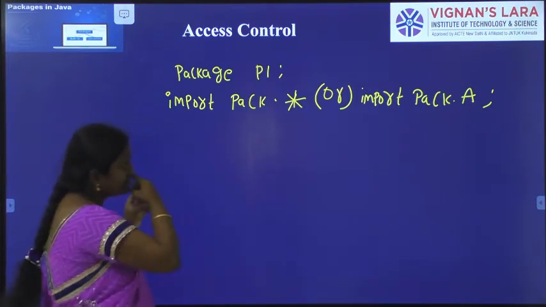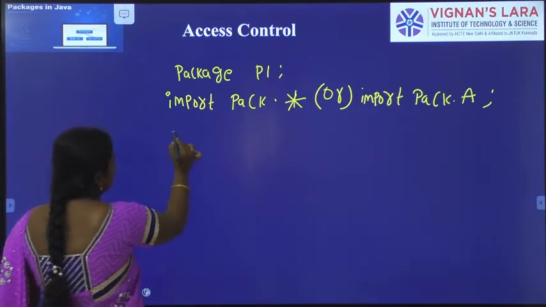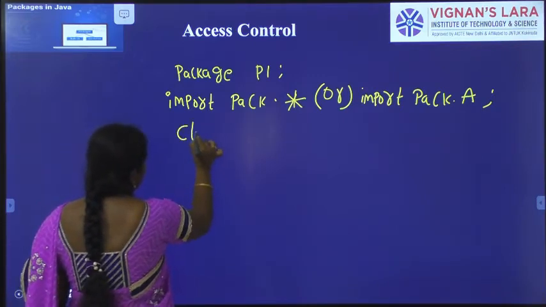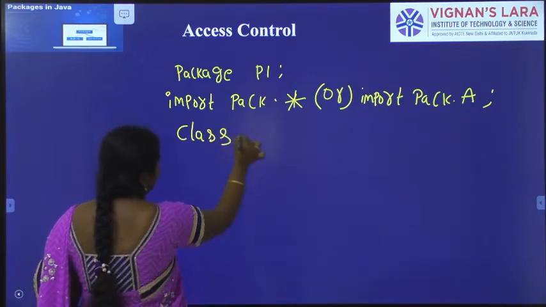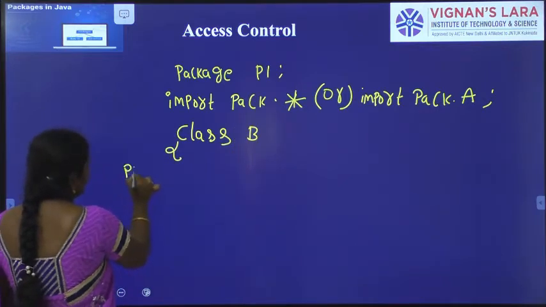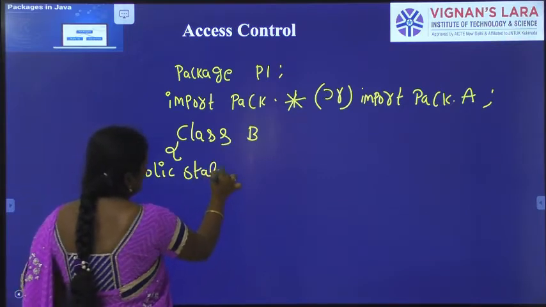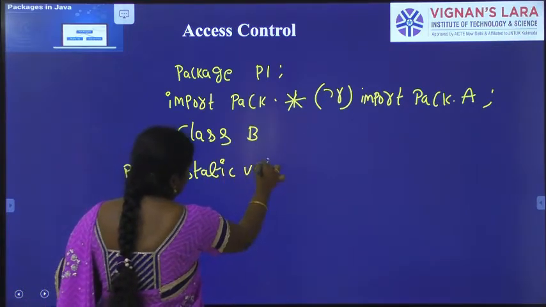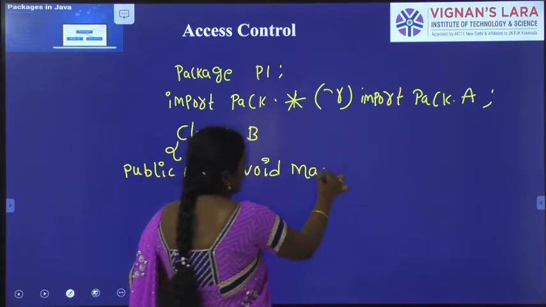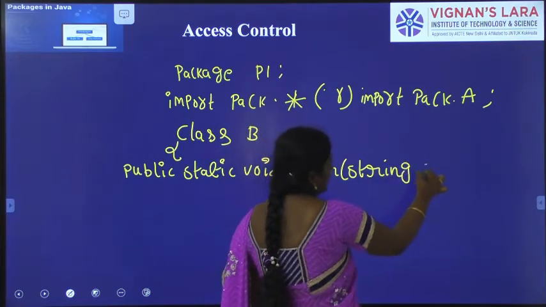Next one. Here I am defining one class, class B. So in this class I am defining the main method. Public static void main, String args array.